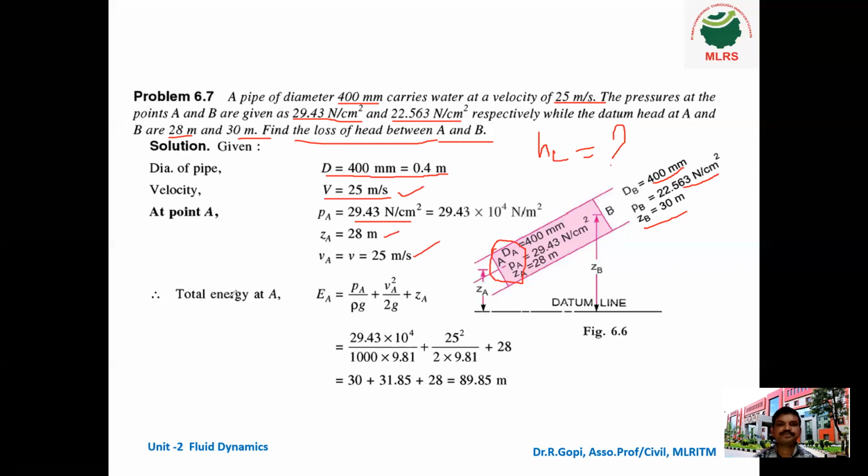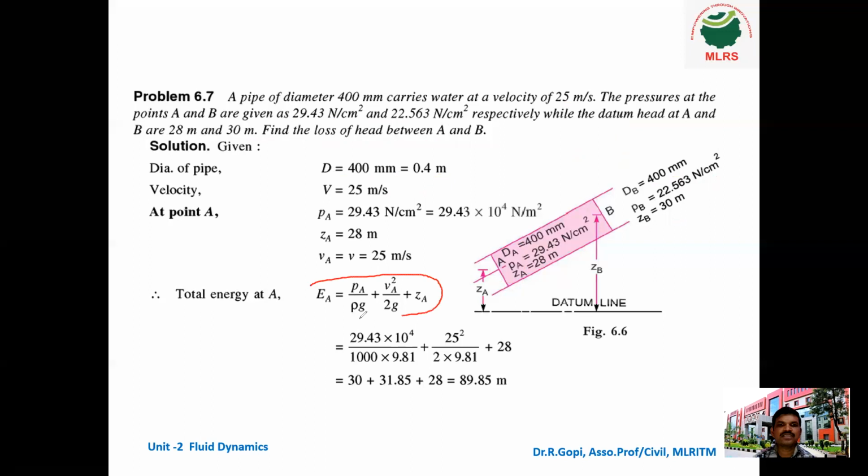Now apply the total head or total energy at the point A. So energy at A point is equal to PA by rho g, where PA is nothing but the pressure at the point A, plus VA square by 2g plus ZA.